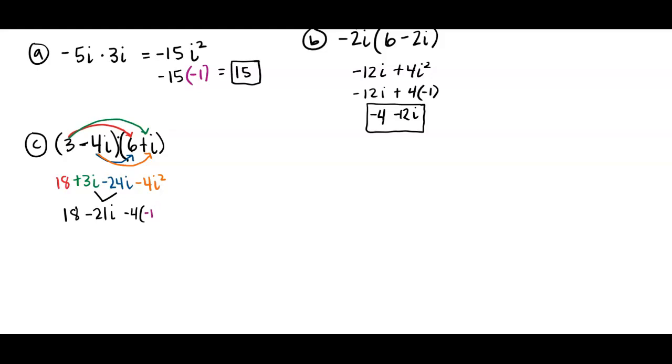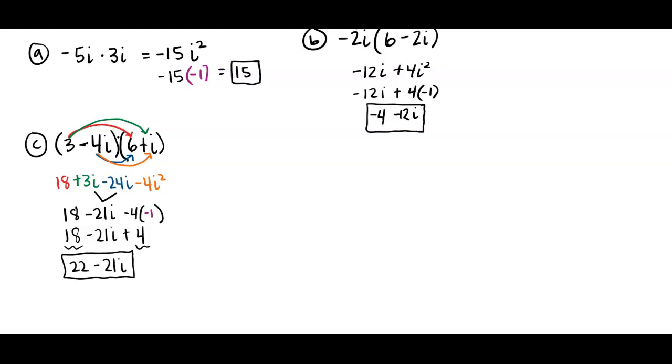That's what we're doing, changing that i squared to a negative 1. And so that's going to give me a positive 4 that I need to add to my 18. So I'll just write it out this way: 18 minus 21i plus 4. And then I'm going to combine my like terms together. So I get 22 minus 21i.